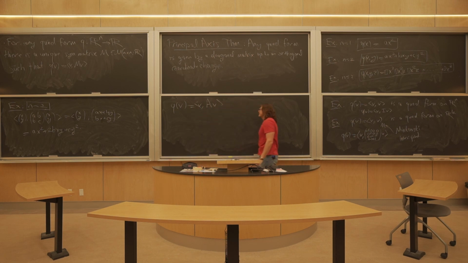But A is symmetric, which means that by the spectral theorem, I can decompose it into Q D Q transpose. And then I can take this factor to the other side as Q transpose.